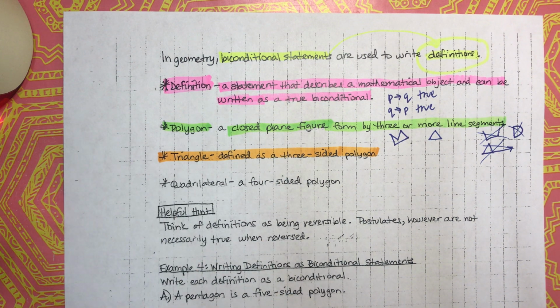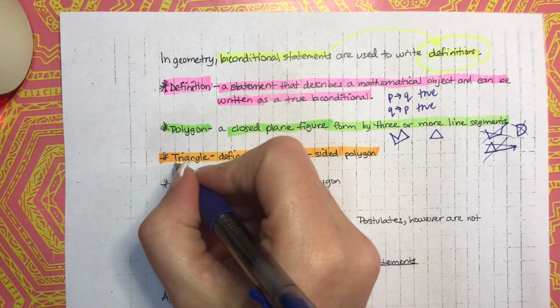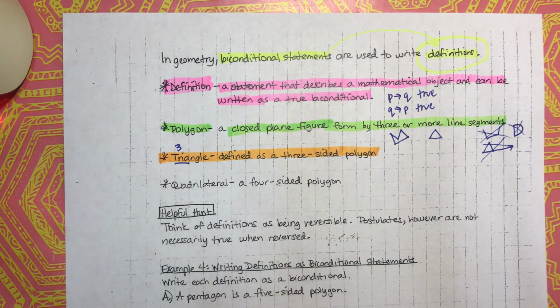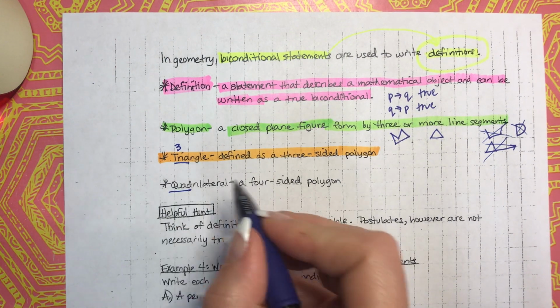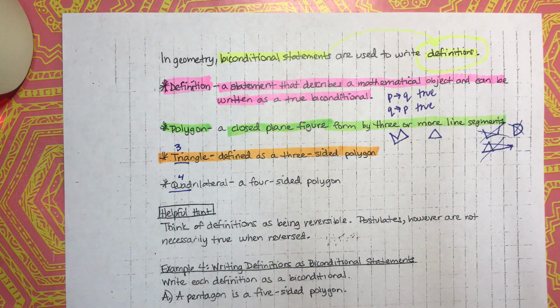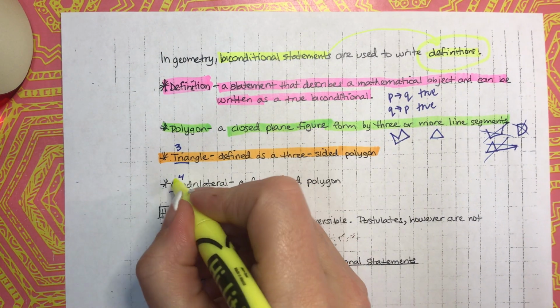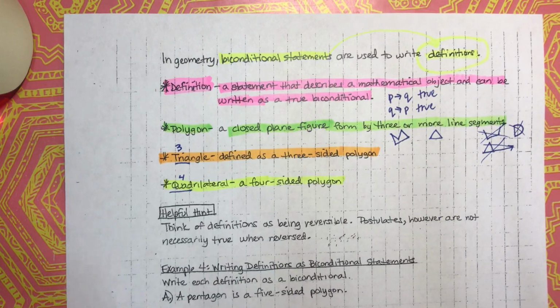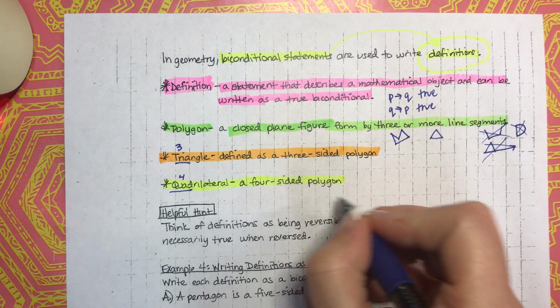You know what a triangle is. And then a quadrilateral, well, it's kind of interesting, right? So tri, like triangle, tricycle, means 3-sided polygon, and then quad means 4. So that's going to be a 4-sided polygon. Okay, so really anything that has 4 sides and it's a polygon, so they're line segments.